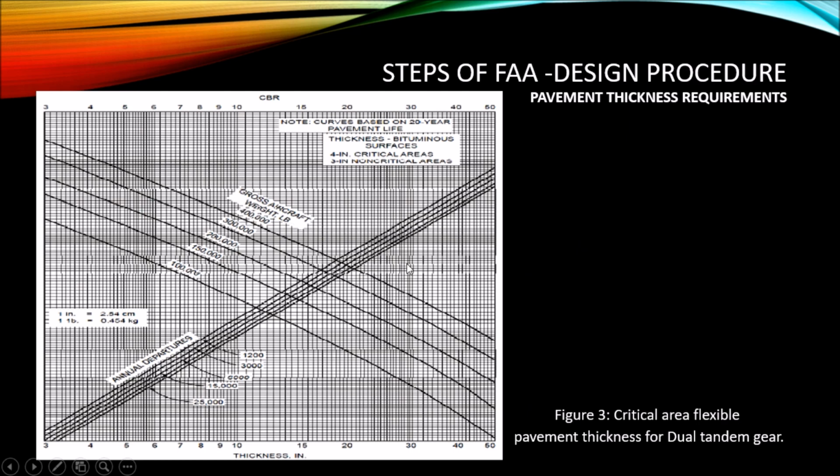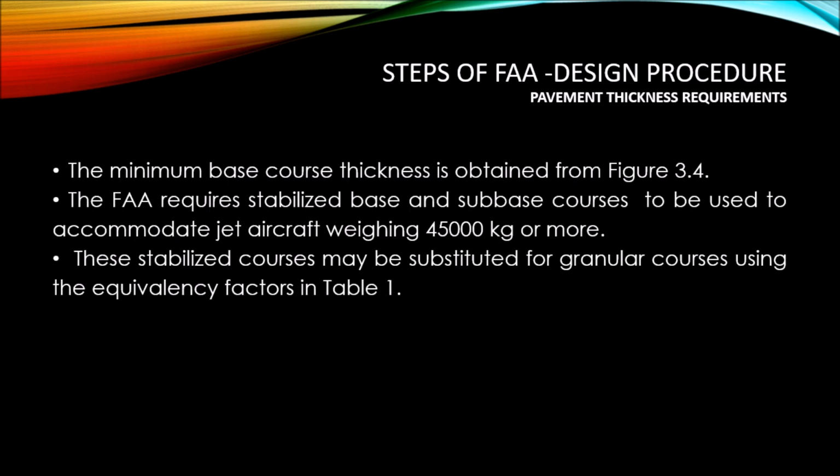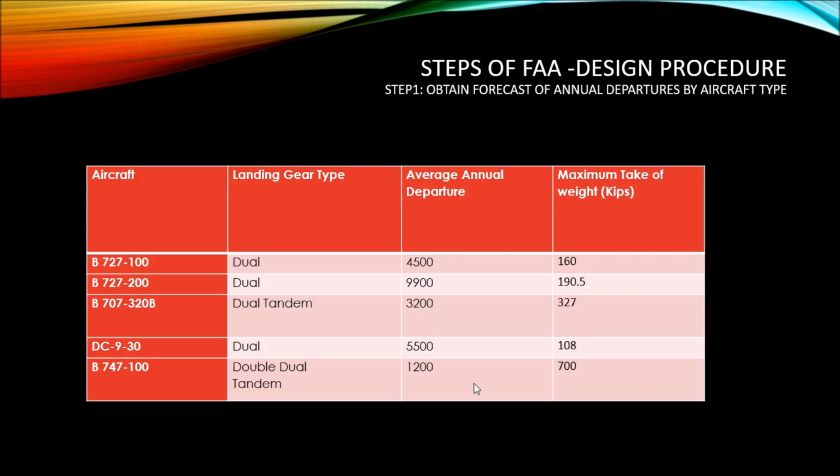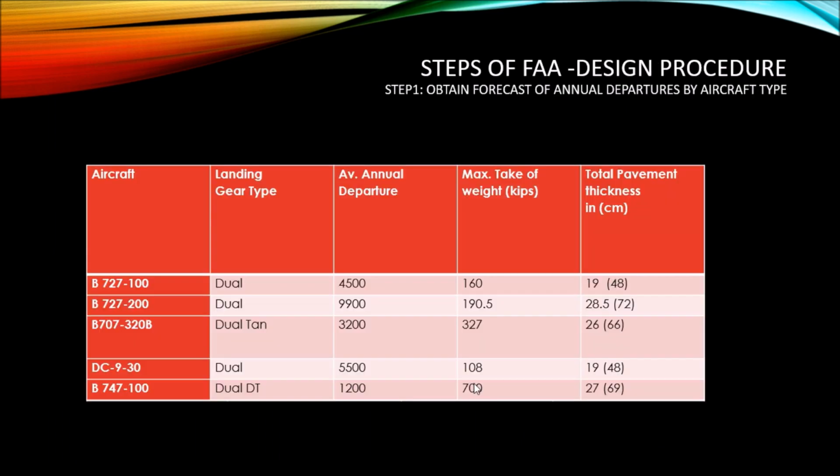Then we touch this and move down. We should have a value that is less than 30 something. So here on the table, you can see we have 27, which is 69. So we've been able to get the total pavement thickness.